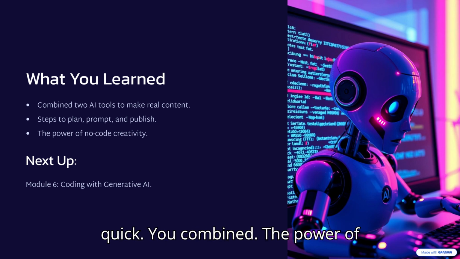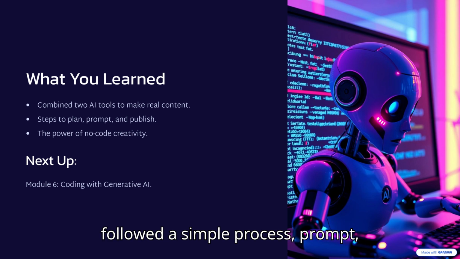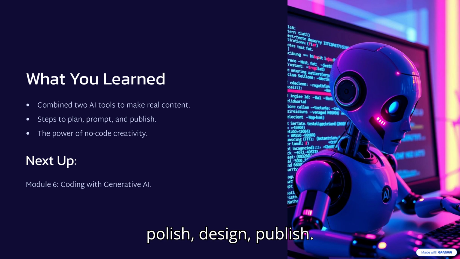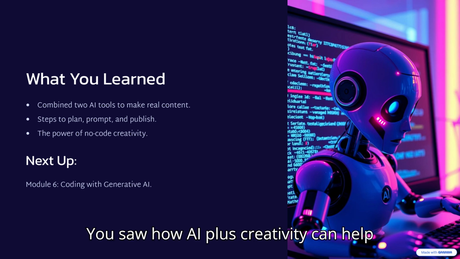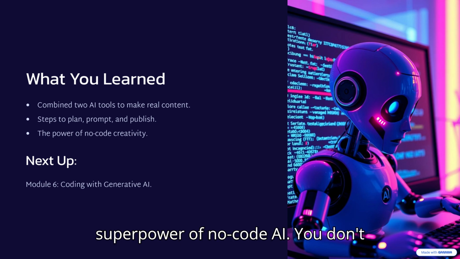Let's recap real quick. You combined the power of ChatGPT and Canva. You followed a simple process: prompt, polish, design, publish. You saw how AI plus creativity can help you build something impactful, fast. You've just tapped into the superpower of no code AI.